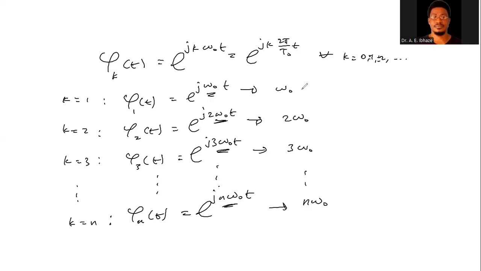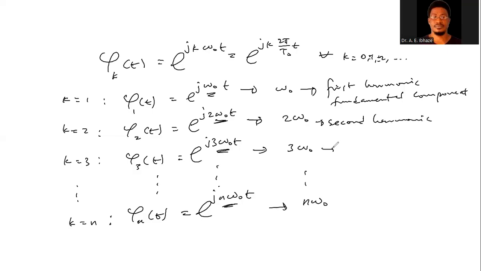So you observe that this is the same as the first harmonic, or better still, the fundamental component. And all of these are integral multiples of this fundamental component, such that this is the second harmonic, and this is the third harmonic, and this is the fourth harmonic.